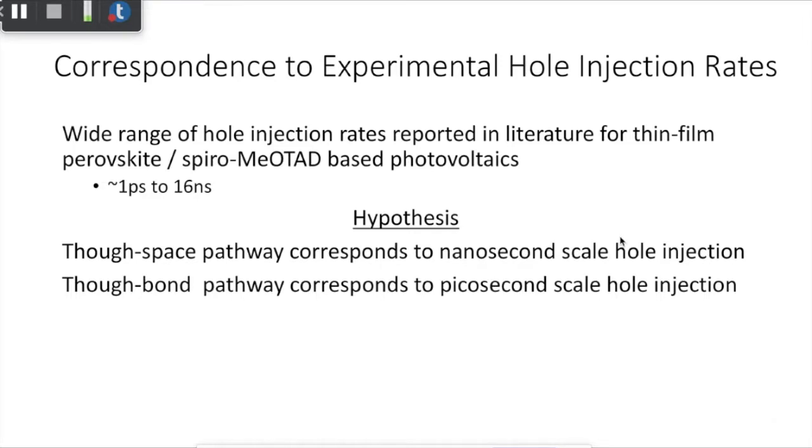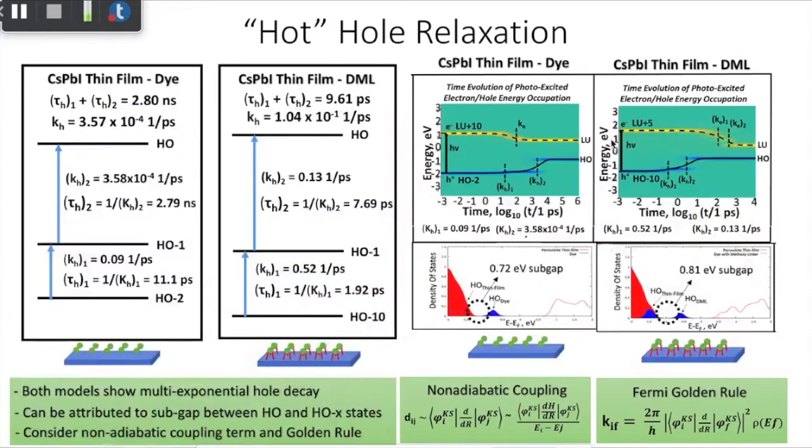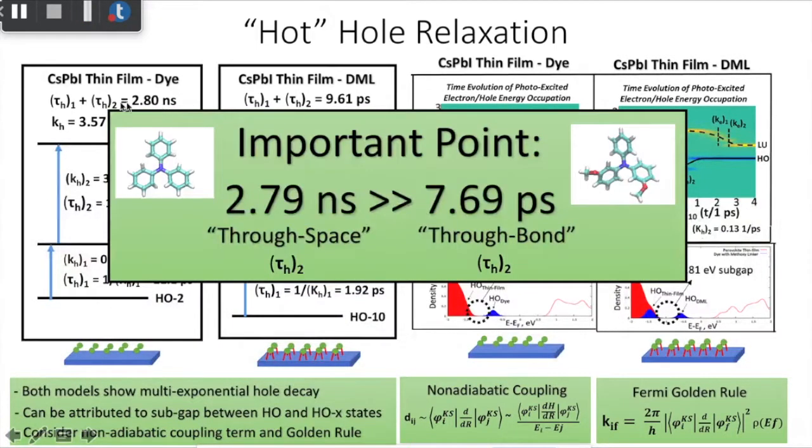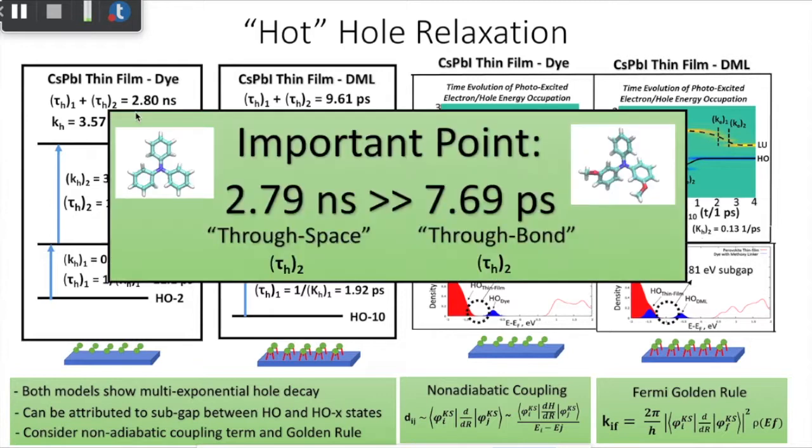Comparing the results that we have, just to refresh people's memory, we get lifetimes of up to nanoseconds for the through space models, and for the through bond models, we get picoseconds to 10 picoseconds.